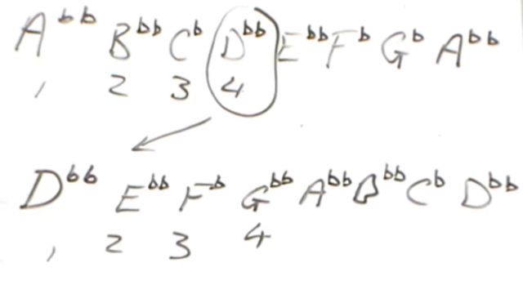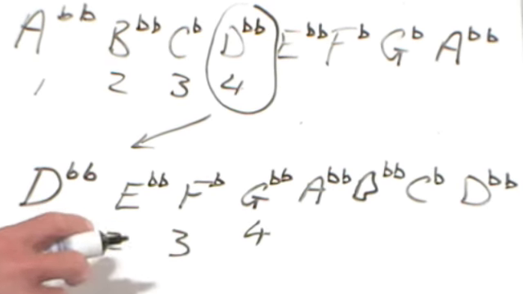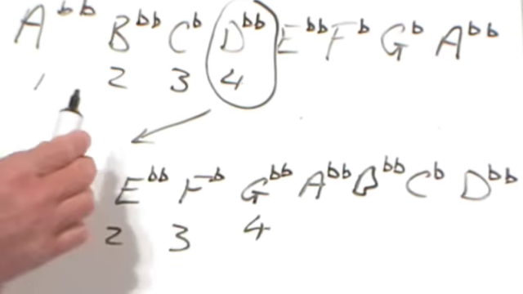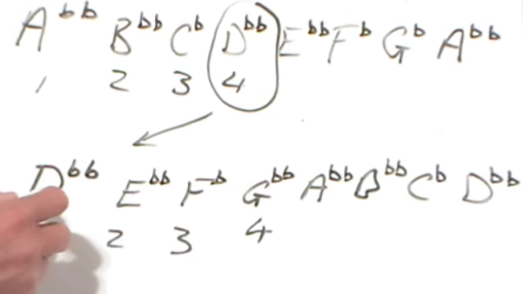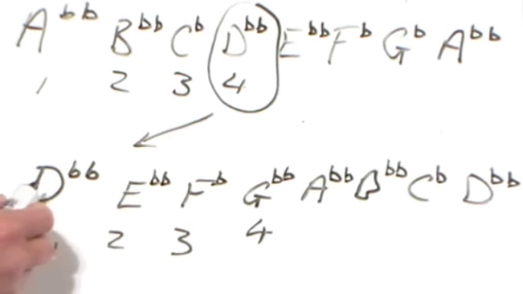At which point, just as we did with the circle of fifths and the sharp key signatures, we re-evaluate each of these notes to see if there are simpler names for them.